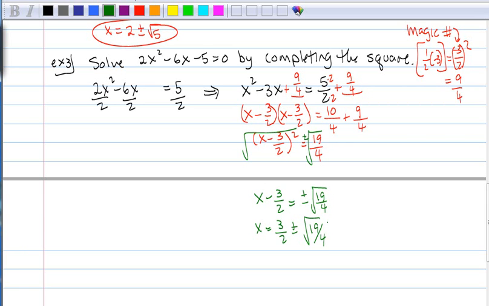This would be a perfect answer, but the computer does like you to simplify. So what they do is they say, well, the square root of 4, we learned in a chapter before, is a 2. So they take that out. And then they put this usually in one fraction.